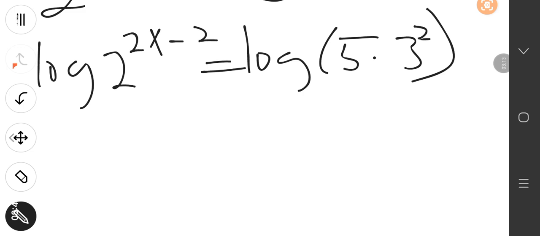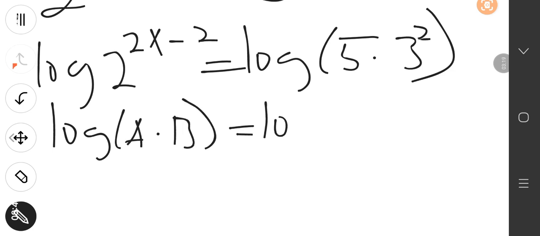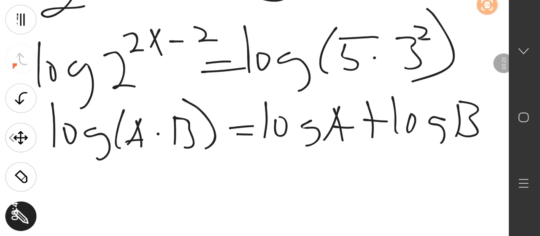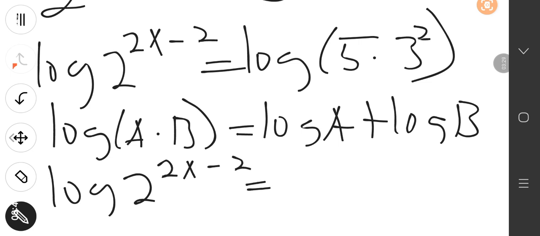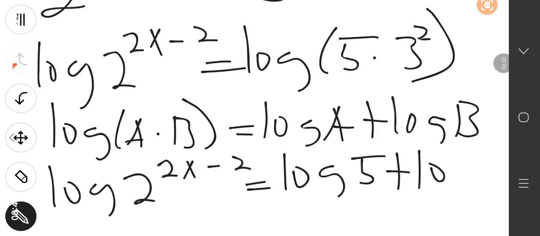So let's apply the product law first. So if you have log a times b, this equals log a plus log b. So our equation becomes log 2 exponent 2x minus 2 equals log 5 plus log 3 squared, okay?